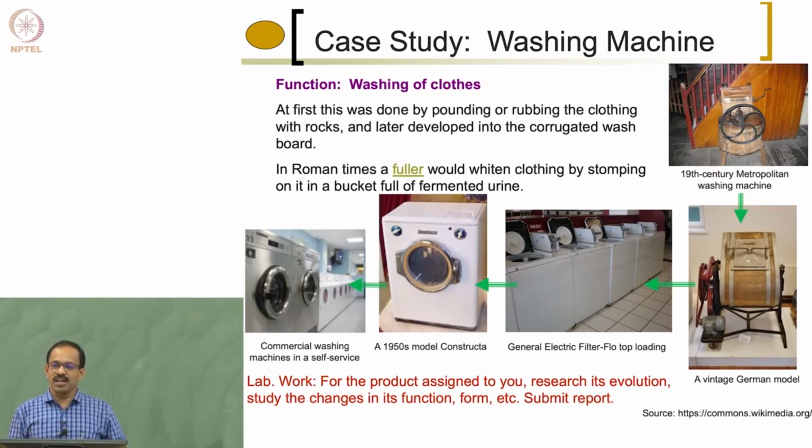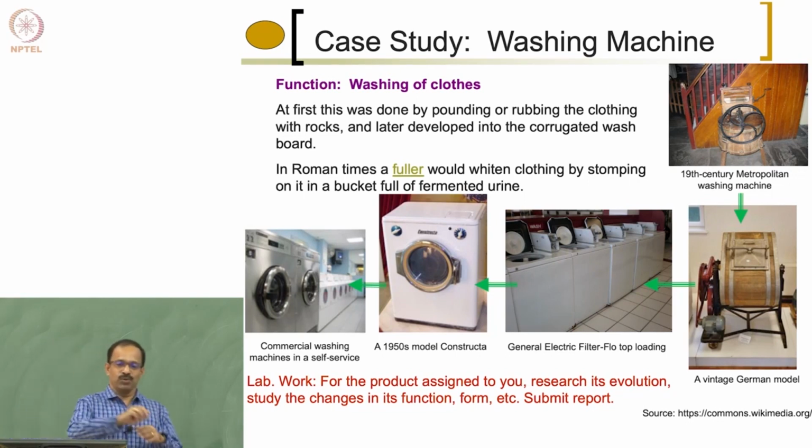How was washing done earlier? Manually, we would put the clothes in the water and use some stone to clean them. In Roman times, there was something called a fuller, who would whiten clothing by stomping on it in a bucket full of fermented urine. That is how people used to clean clothes.